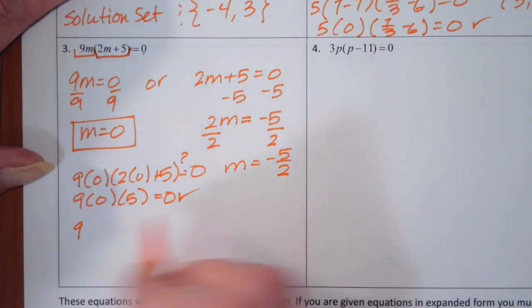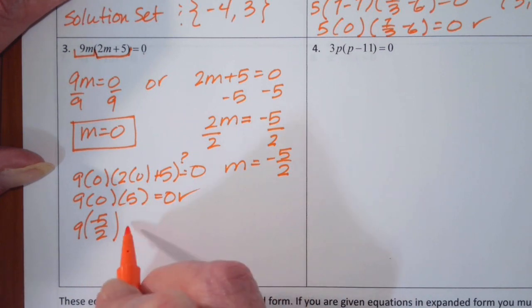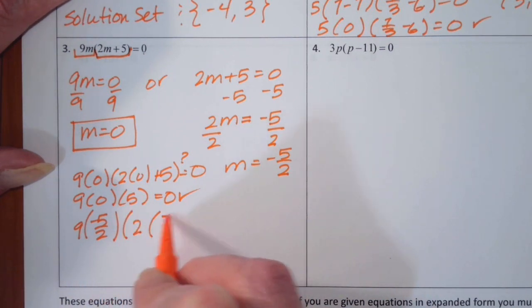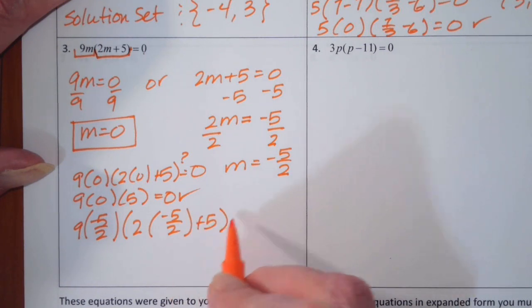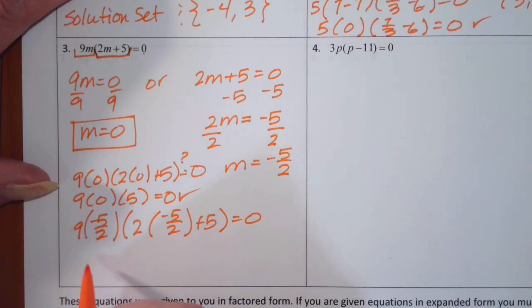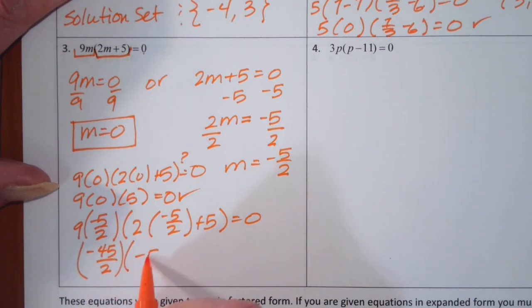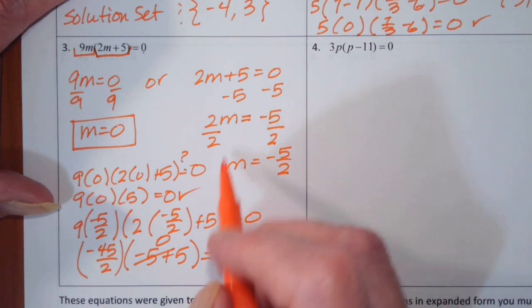Now I want to know if 9 times negative 5/2 times (2 times negative 5/2 plus 5) is equal to 0. So 9 times 5 is 45, so that's negative 45 over 2 times (negative 5 plus 5). Well, this is 0, so that one also checks.